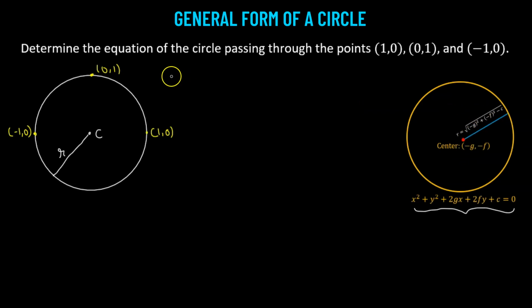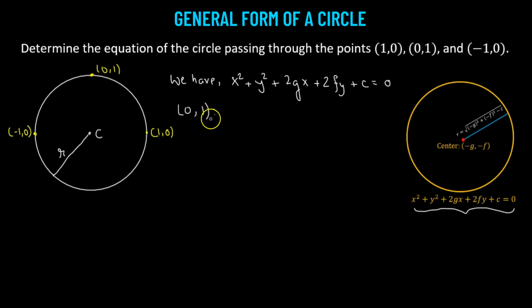Let us begin. So we have the equation of the circle, so let's note it down: x squared plus y squared plus 2gx plus 2fy plus c equals 0. Now, since the circle is passing through the point (0, 1), this point is going to satisfy the equation of the circle, meaning we can replace the value of x with 0 and the value of y with 1.